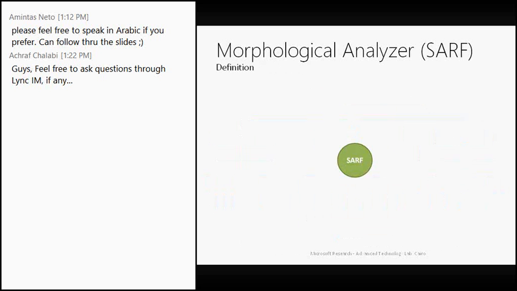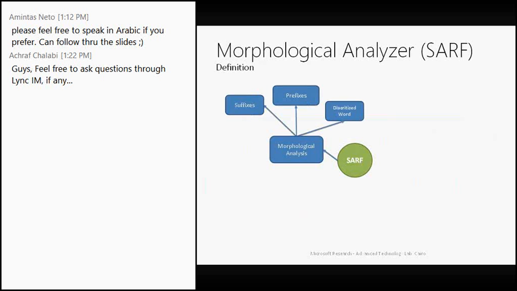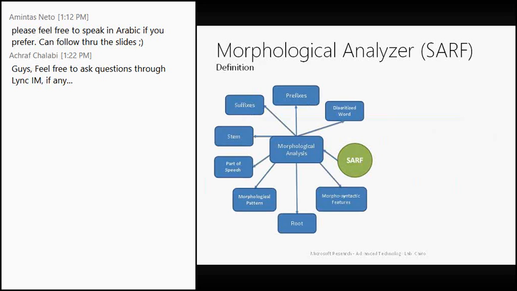So we are going to use SARF from the Arabic NLP Toolkit. It will basically provide us all possible morphological analyses for a given input Arabic word. Further, the analysis is composed of the word diacritized and the prefixes, suffixes, stem, part of speech, morphological pattern, root, and morphosyntactic features. There are other features that we can use from SARF, like validating Arabic words.